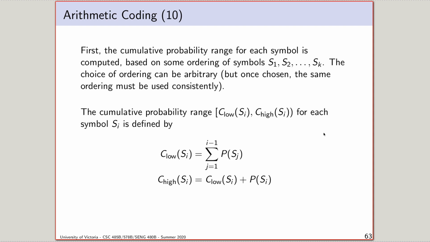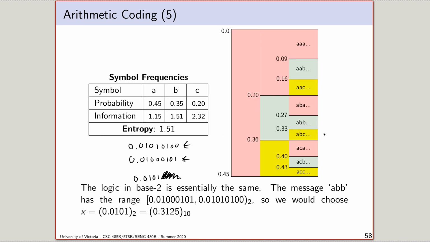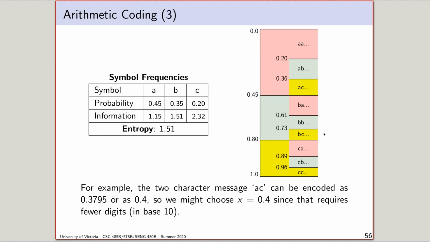Now we have to define a couple of things. You might notice the probability of B back here is 0.35. And yet we never actually see a 0.35 anywhere. I mean, the window for B is 0.35 wide, but we don't see 0.35. That's because B occupies the next 0.35 of real estate after A. And so what we actually want to do is define, okay, the range for A is 0 to 0.45.